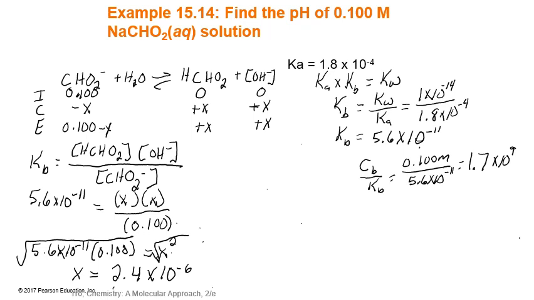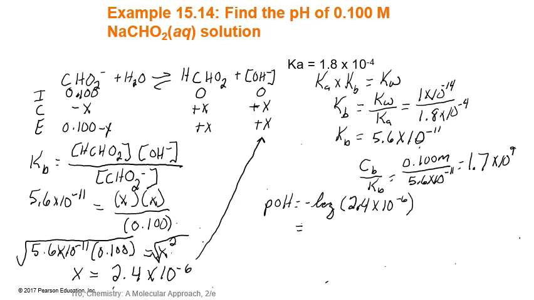Now remember, this x is equal to both the formic acid and the hydroxide concentration. So we can find the pOH, because this is hydroxide, the negative log of our 2.4 times 10 to the negative 6. So our pOH is 5.62. And how would we find pH then?